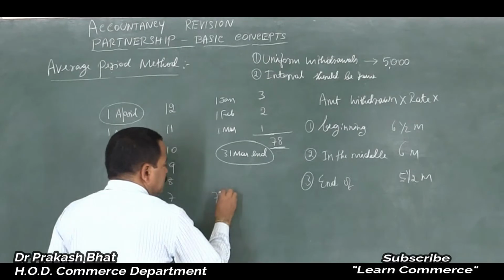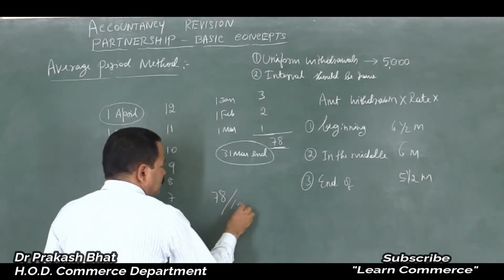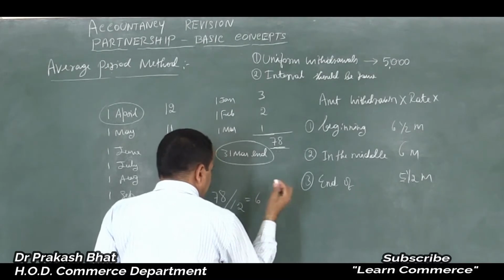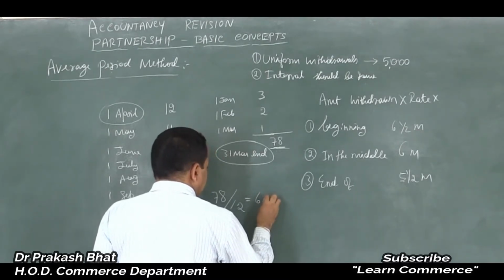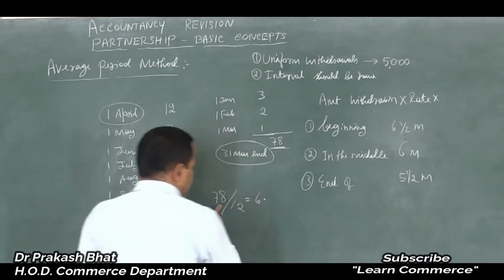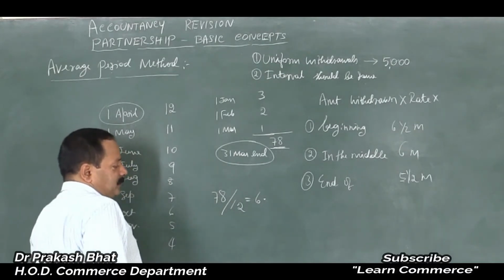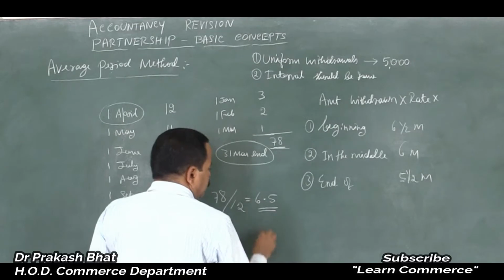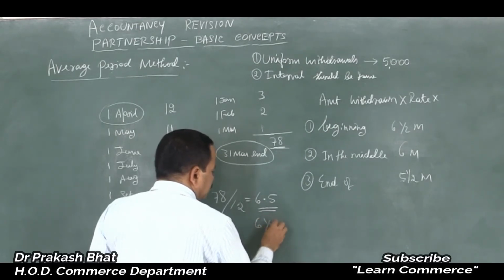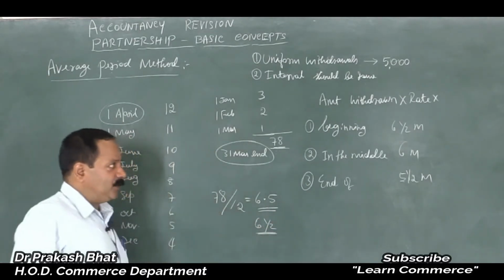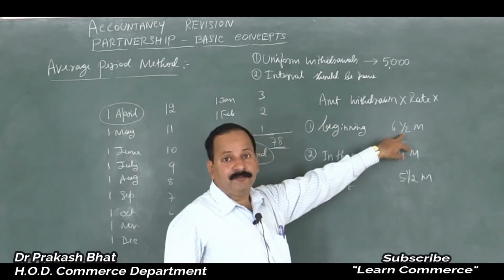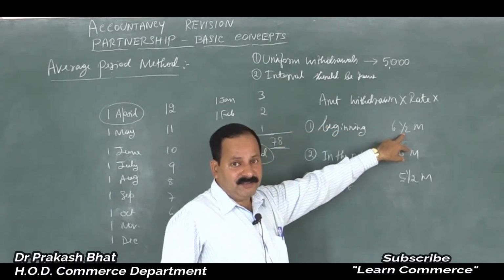So divide 78 by 12, how much will you get? 6 is 72, isn't it? How much remains here? 6 remains, right? So 0.5, 6.5, you got 6.5. Am I correct? At the beginning of each month, I took it as 6.5 months. It is correct, right? Yes.